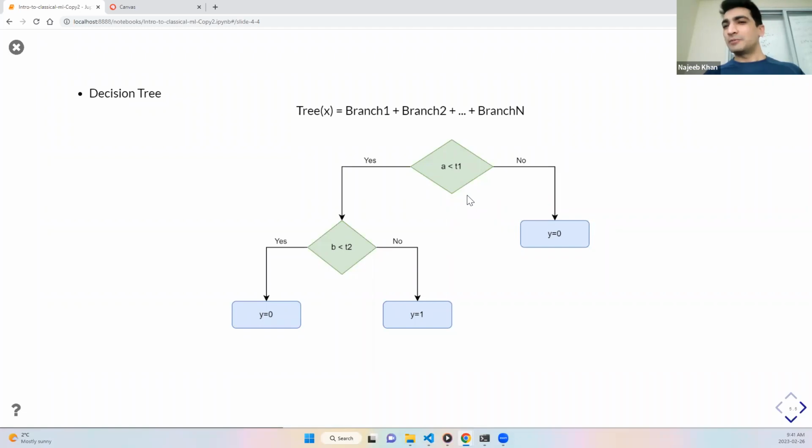since I have coffee in front of me, I'll give you a coffee example. If the color darkness is less than some value, then it could be dark coffee or dark roast. But if it is not, then y equals 0, so it's not black coffee.